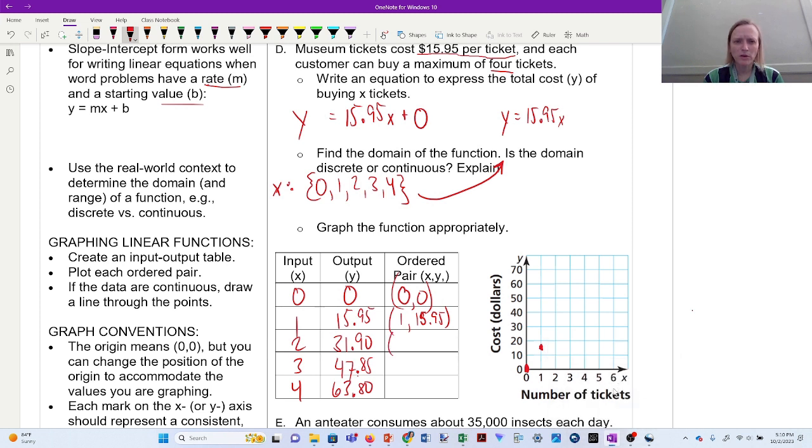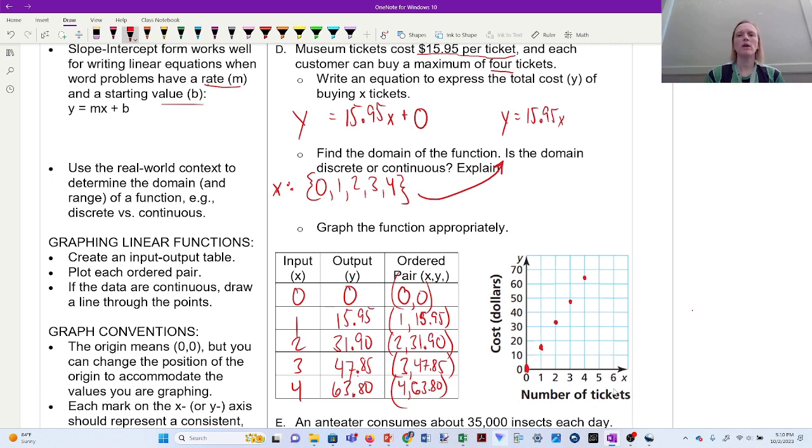My next ordered pair is going to be at 2, 31.90. 2 and 31.90 will be around there. 3 and 47.85 comes in here. And 4 with 63.80 plots in about here. Okay.